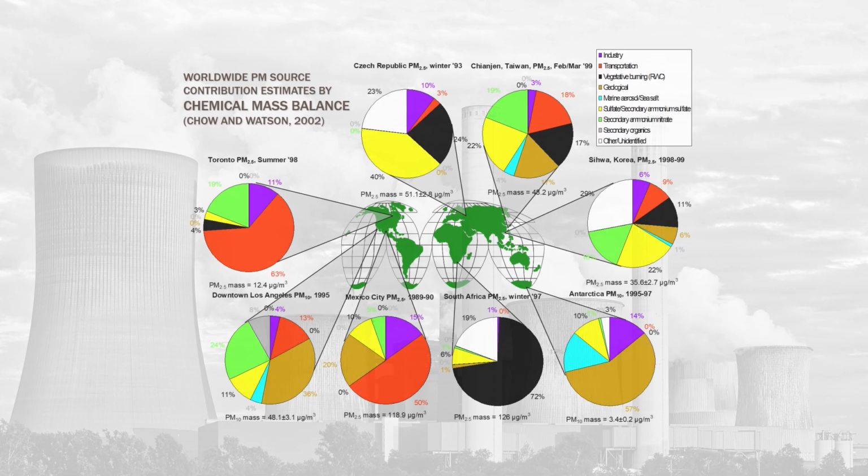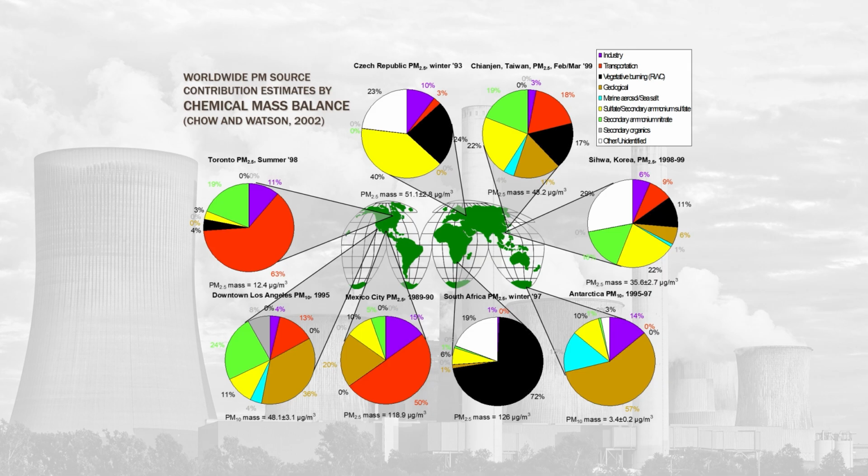So this is how a chemical mass balance works out. You can see the different sources given here: industry, transportation, vegetation burning, geological, marine, secondary organics. Using a chemical mass balance model, from the given concentration at a location, we can identify the probable sources.